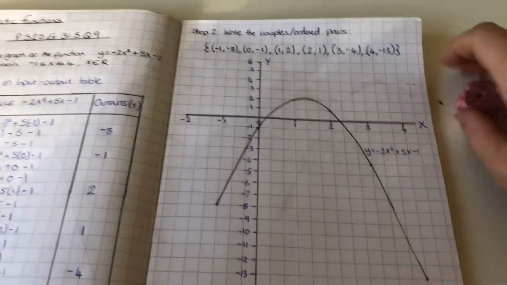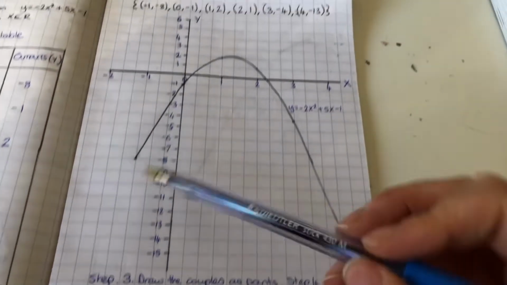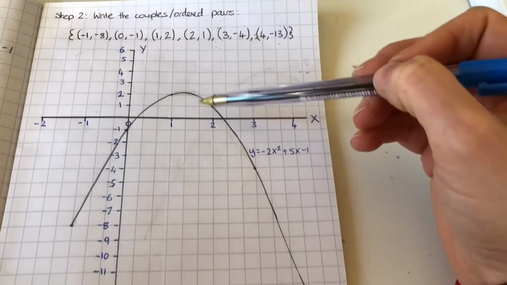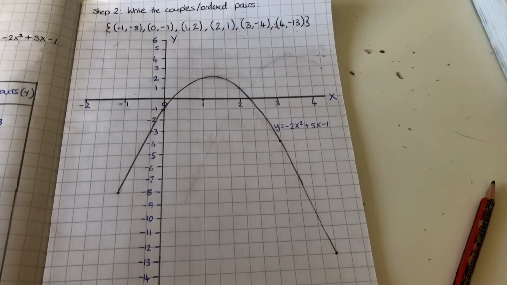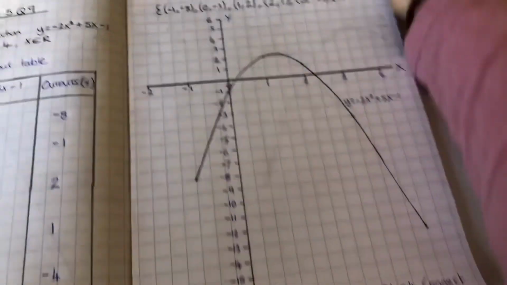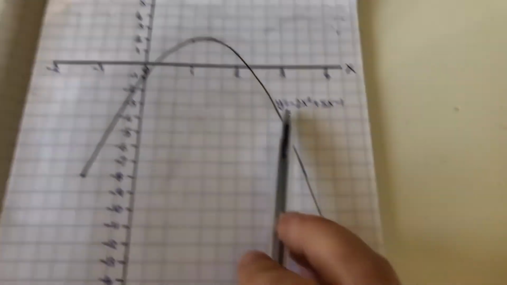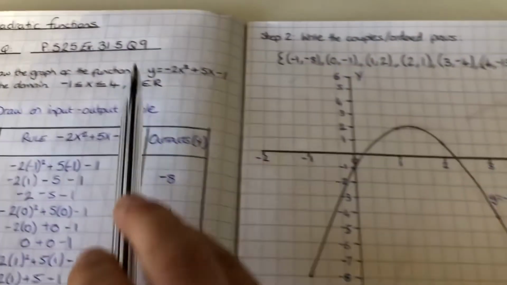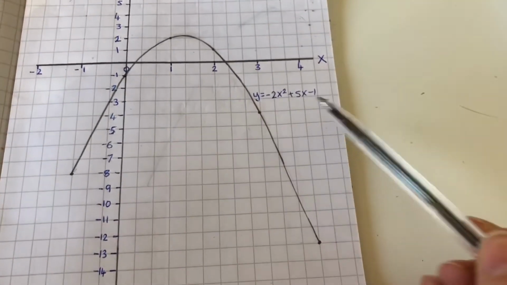So we almost have finished, but not quite. Step 4, we've connected the points, ensuring that our curve is smooth. As I said, the examiner will literally tick off these points to check that your curve goes through them and that it is nice and neat. And please, nobody use a pen to draw a function. You can use that to label your axes, and then we label our function like we did the linear one by simply writing the name just like it was given in the question anywhere beside the curve that we've just drawn.